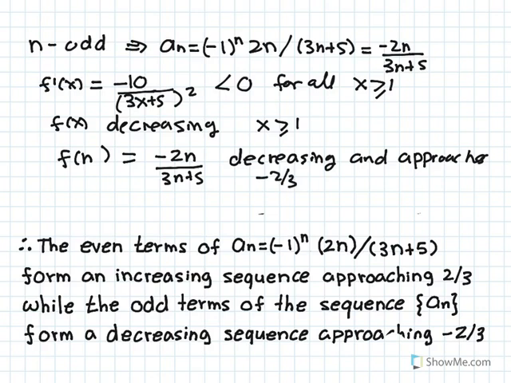We can see it approaches negative 2/3 by taking the limit as n goes to infinity of minus 2n divided by 3n plus 5, dividing by the highest power and taking the limit, we'll get minus 2/3.